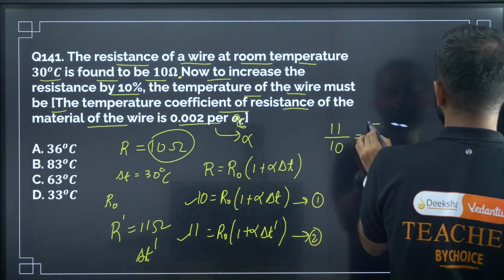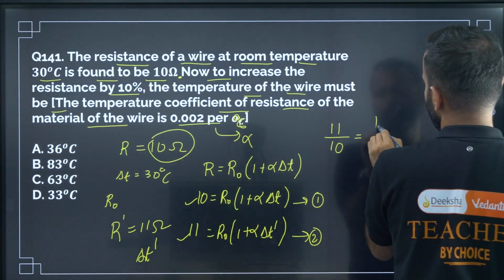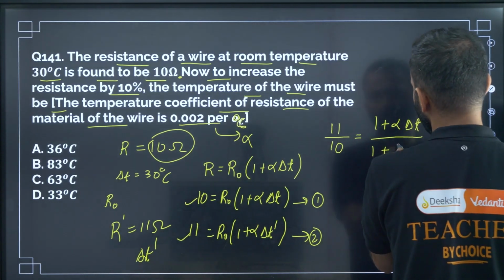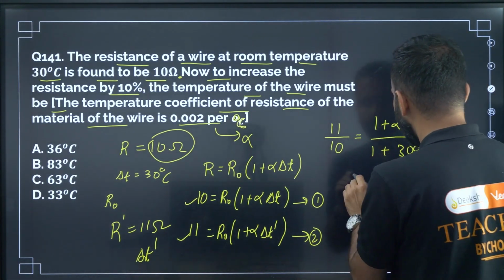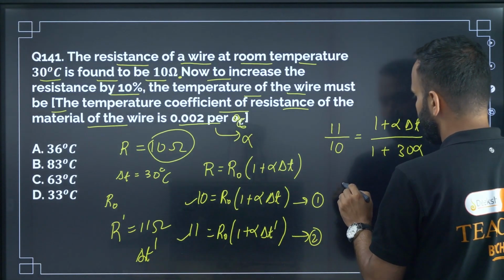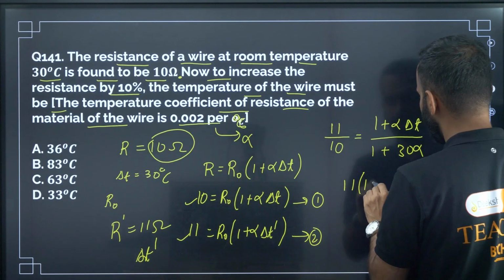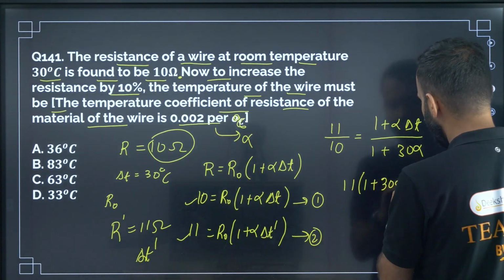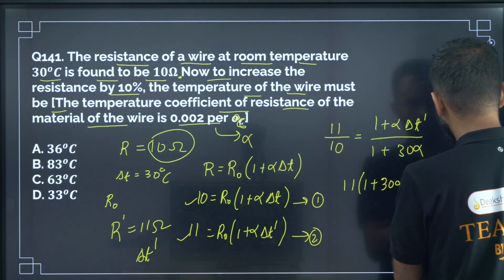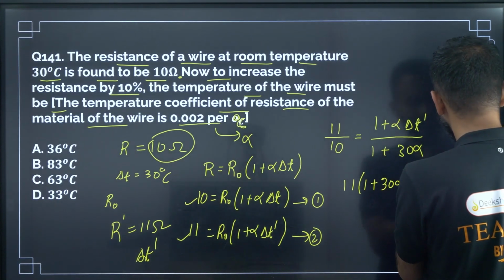Okay, (1 plus alpha) into delta t dash divided by (1 plus 30 alpha). The value of alpha is given, right? Now 11 into (1 plus 30 alpha) is equal to 10 into (1 plus alpha) into delta t dash.